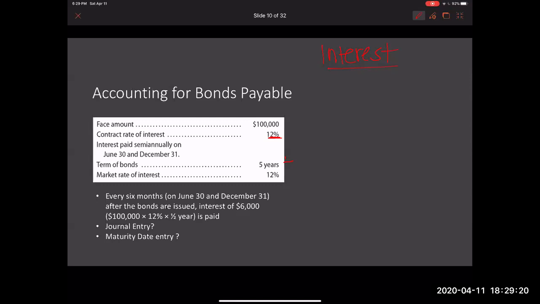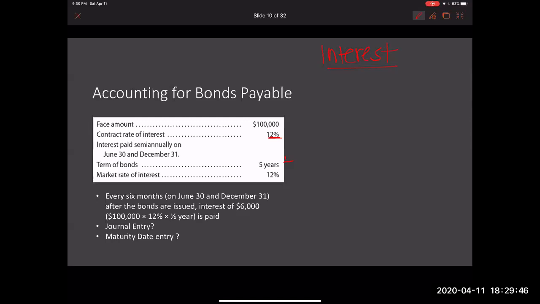So here's our calculation. It says every 6 months after the bond is issued, interest of $6,000 will be paid. They've already done the calculation for you. What they followed should look very familiar: the principal amount times the 12% interest times a half a year, because it's being paid semi-annually.